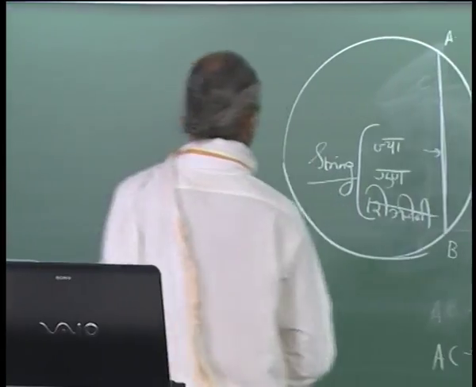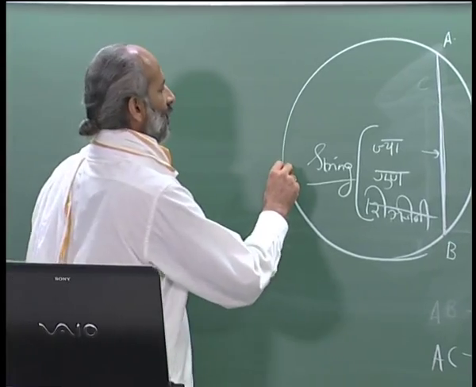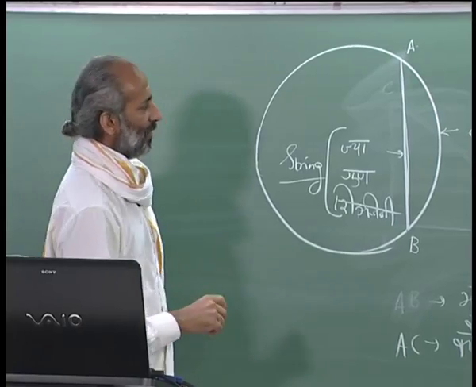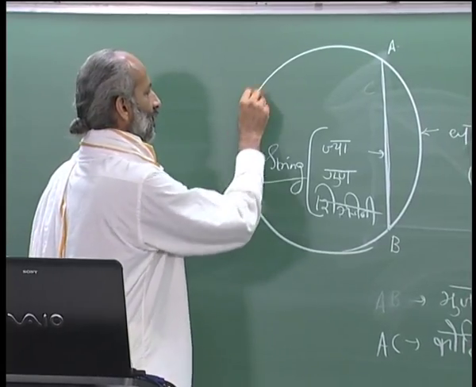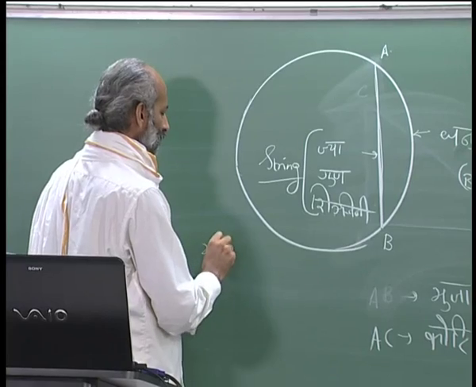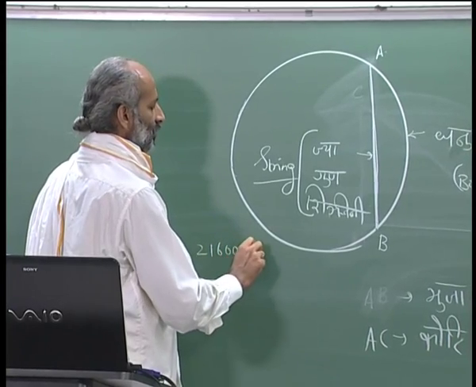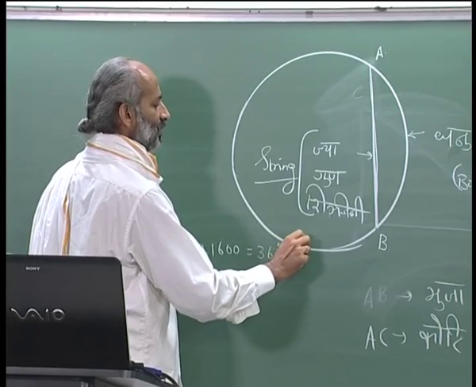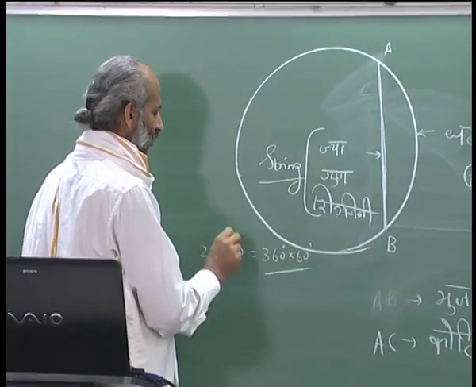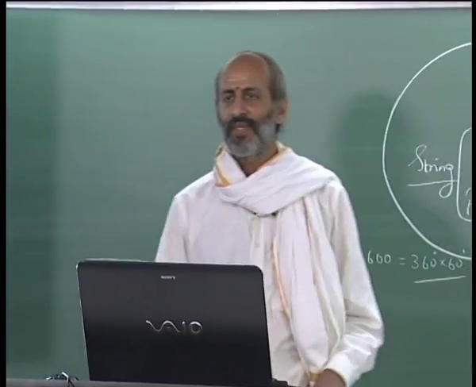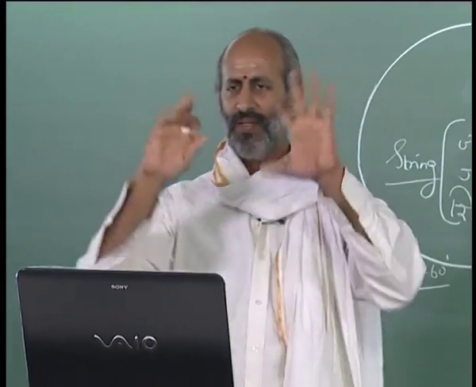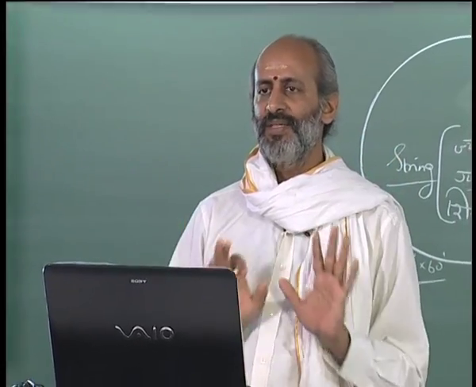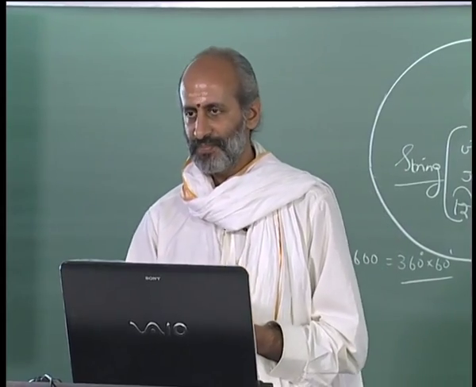Usually, in almost all the astronomical texts, but for some, the circumference is taken to be 21,600, which is basically 360 times 60, that is, 360 degrees into 60 minutes. So, the number of minutes in the circumference, or rather the number of units in a circle, is taken to be 21,600.